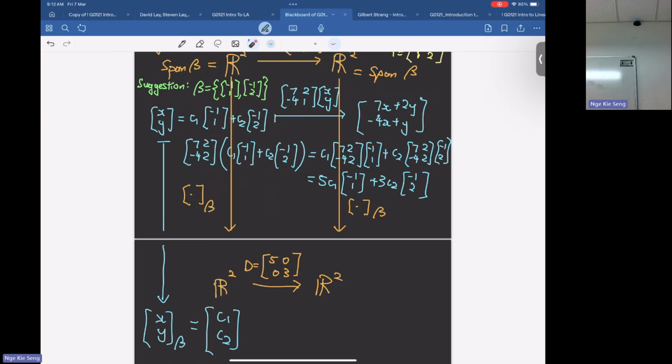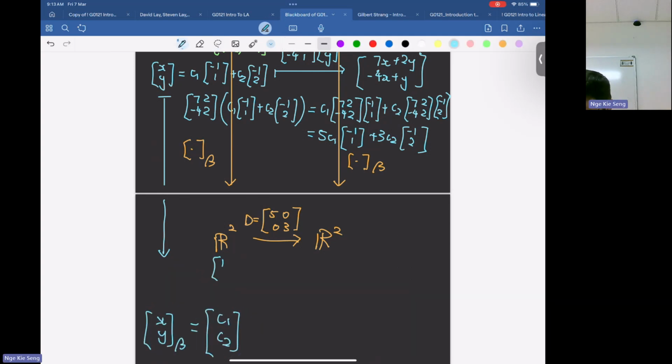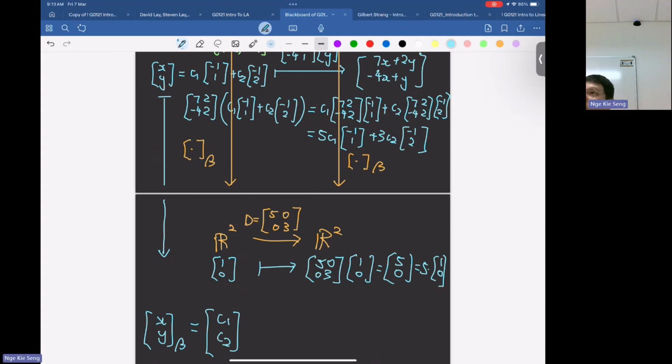So at least the first entry should be nonzero. 1, 0, right? Let's try the 1, 0. The matrix [5, 0; 0, 3] times 1, 0 is 5 times 1, 0. Correct? Similarly, for eigenvalue 3, you just use 0, 1.